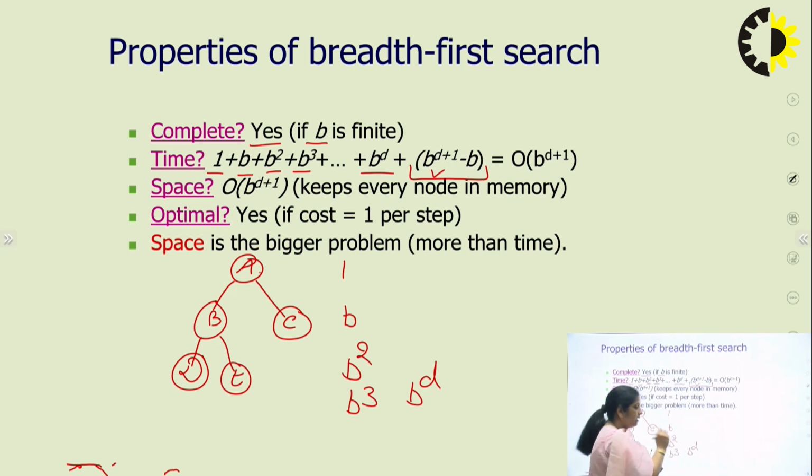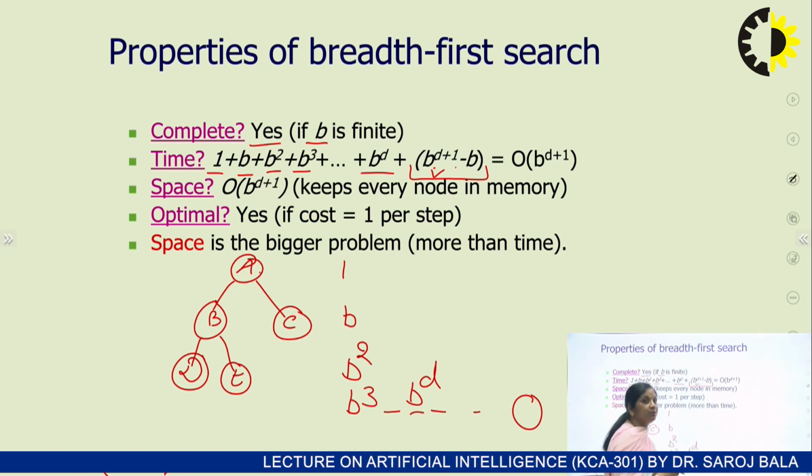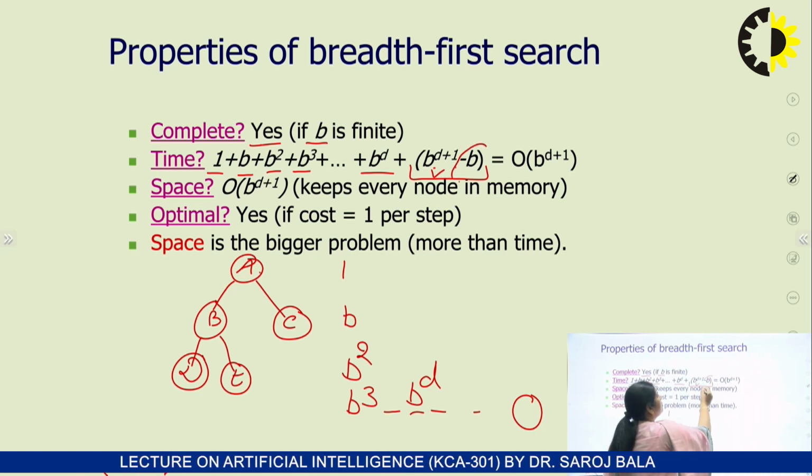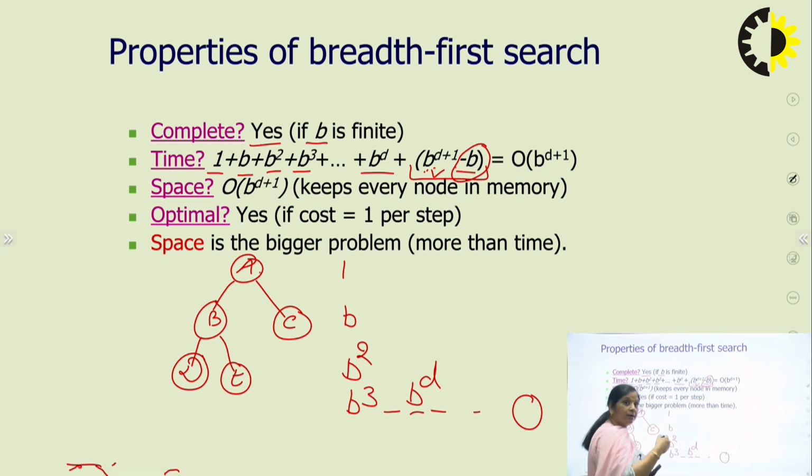In the worst case, what will happen? We'll check all the nodes, and at the last node we will get the goal test true. It means when we are talking about all the last level nodes, all the nodes will get expanded before we reach the goal node. Only that goal node will not be expanded. That's why we are saying that in the next level also the maximum nodes have been generated, only the successors of this goal node are not generated because it passes the goal test.